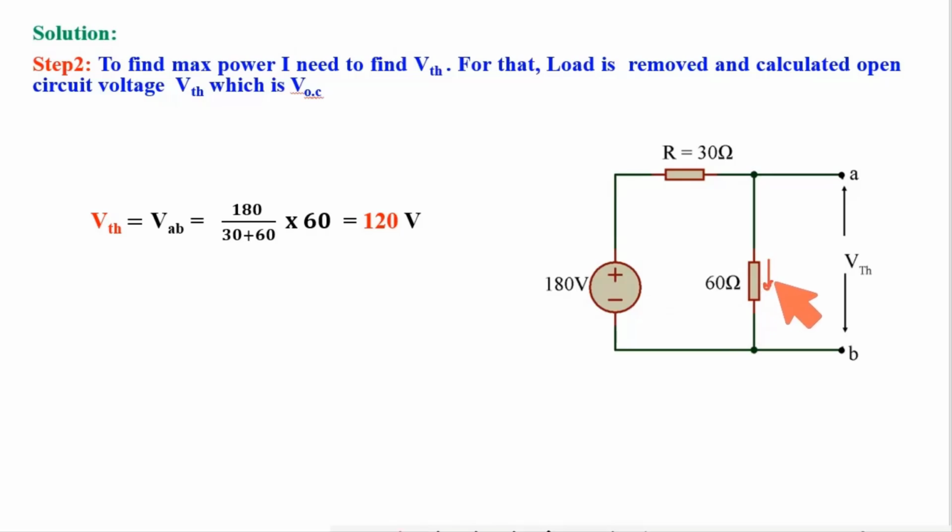This current is because of this 180 volt and will flow in this direction. So 180 volt divided by the full resistive path, 180 divided by 30 plus 60, is the current flowing through the 60 ohm resistance. That current multiplied by 60 ohm is the potential across this 60 ohm. So ultimately VTH is 120 volt.